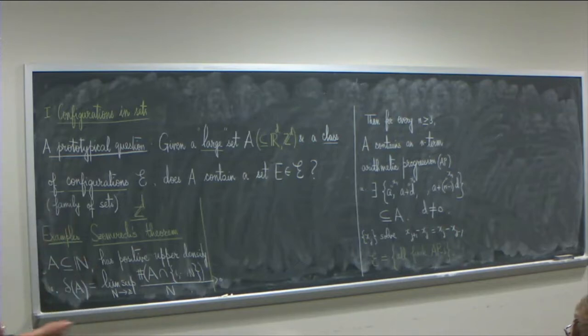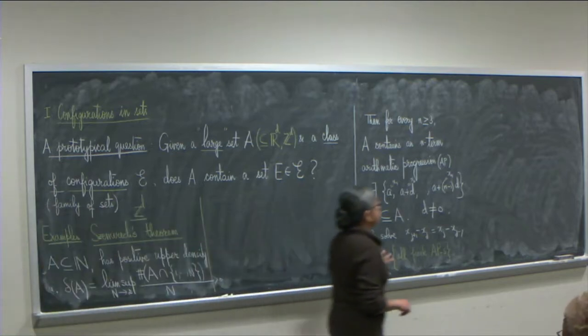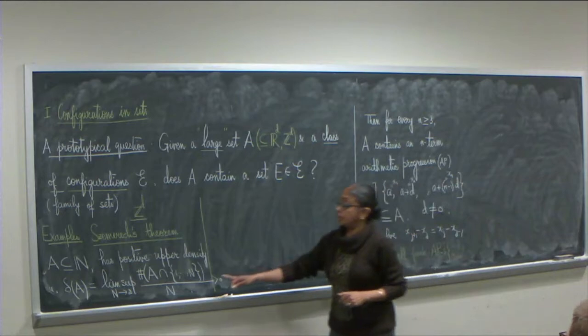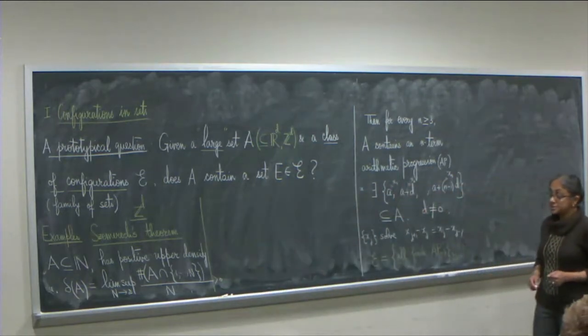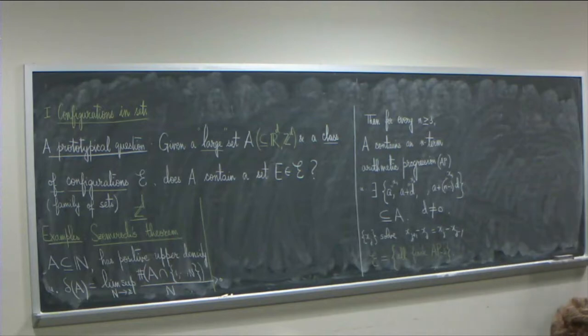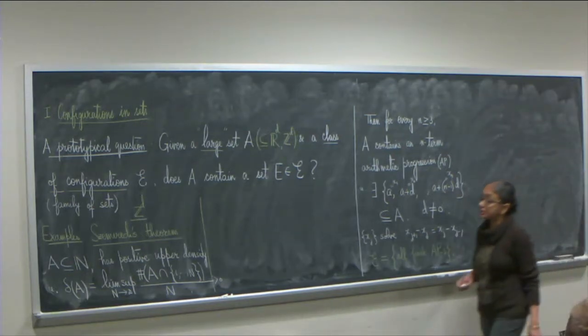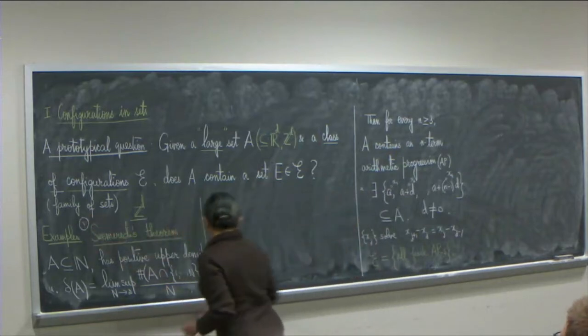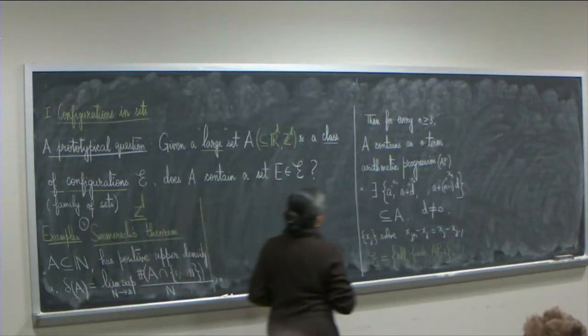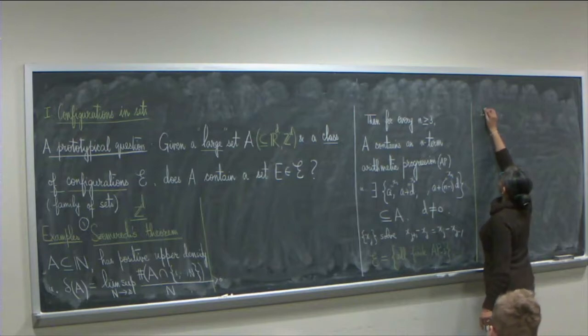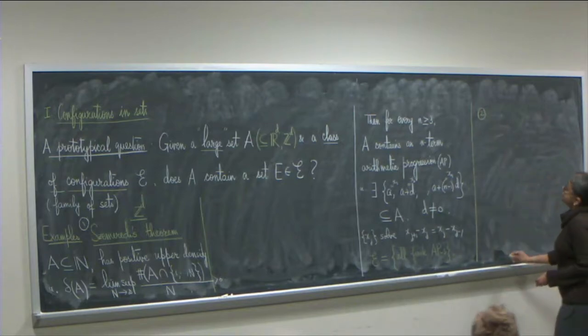Okay, all right. So, I'll say a little bit as a follow-up before I migrate over to the continuum. Now, this of course begs the question: as long as we have positive upper density, we have lots of arithmetic progressions. What happens if the set no longer has positive upper density, but is still large in some quantifiable sense? So if I call this example number 1, then for number 2, the results are kind of mixed here.